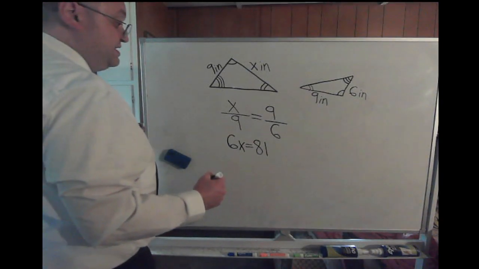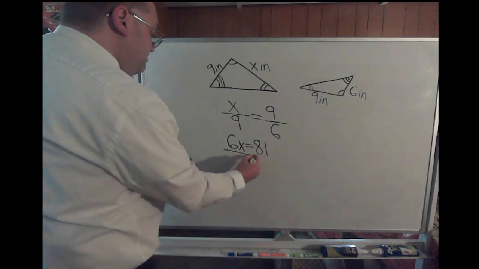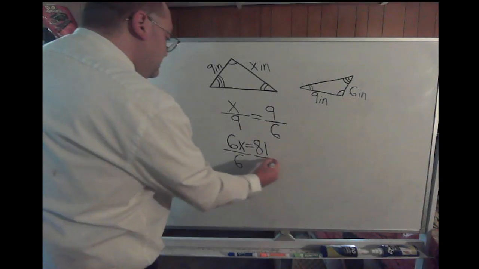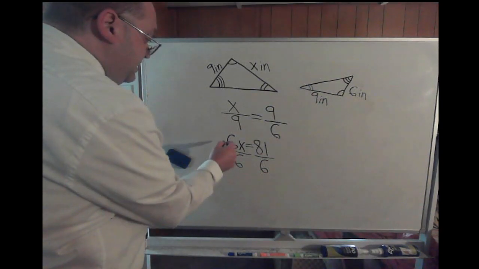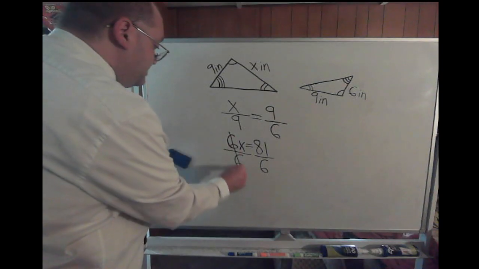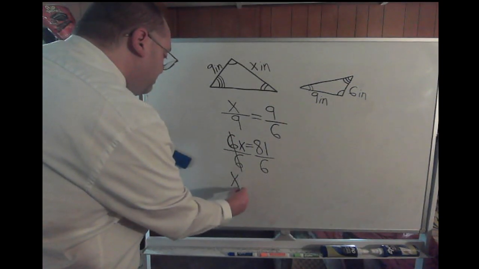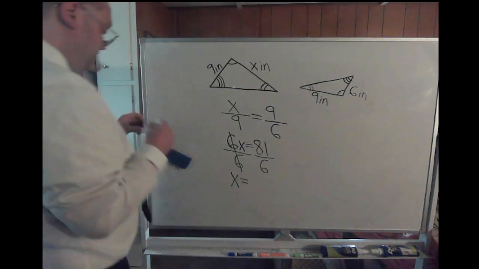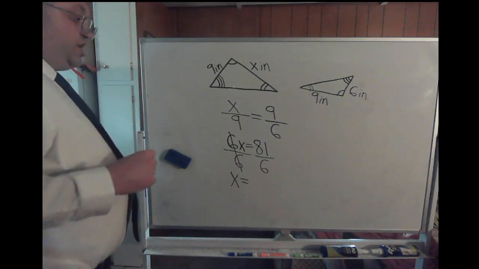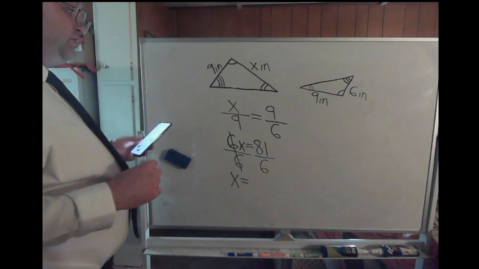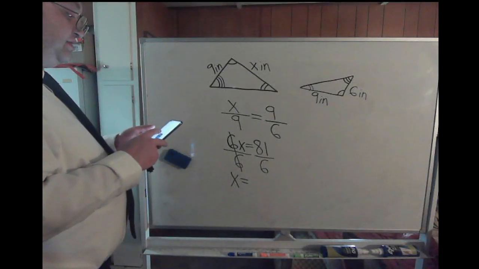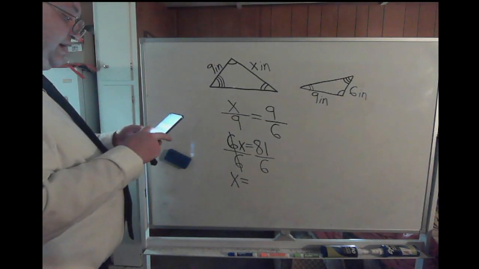Alright, well, we have 6x. We want to solve for just x. Divide both sides by 6. Well, on the left side, the 6's cancel. You just have x equals 81 over 6, which I think we're going to get the calculator, since 81 and 6 is not going to 81 evenly.